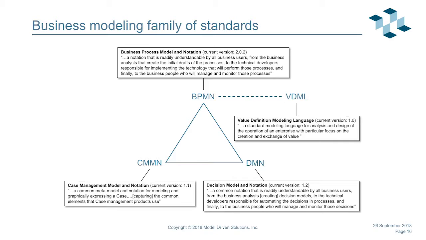In all of these things, you have to make certain decisions. So in the business process model, at certain steps along the way, you need to make a decision. The DMN is a notation for describing how to make those decisions in a way that's understandable and can be automated. So all of these work together.